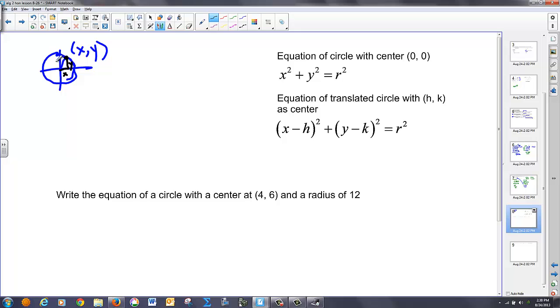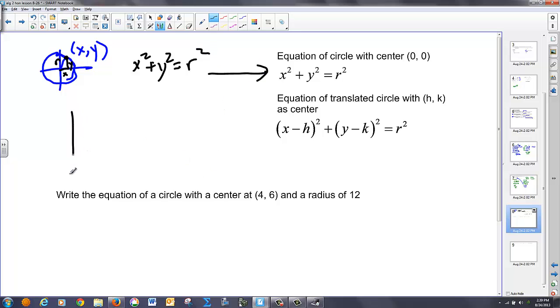If I wanted to set a relationship between the horizontal distance, the vertical distance, and the radius, I have a right triangle. Thus, x squared plus y squared was equal to r squared. And that's what you should have learned last year.